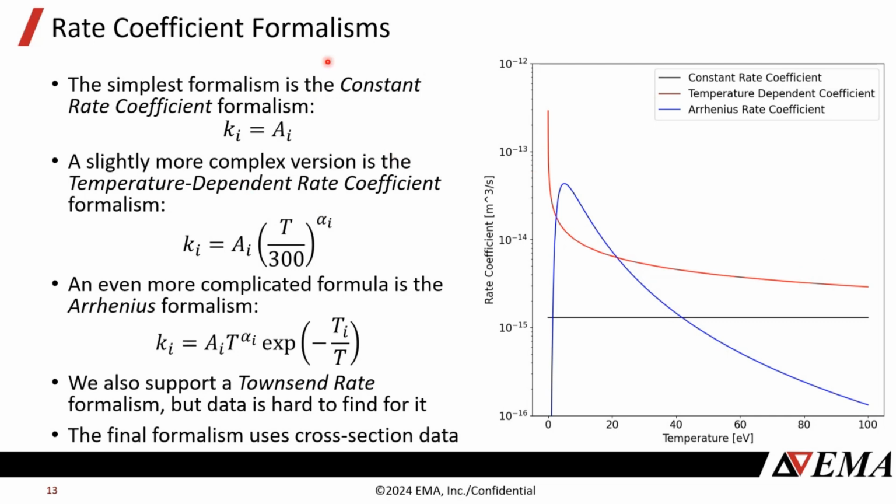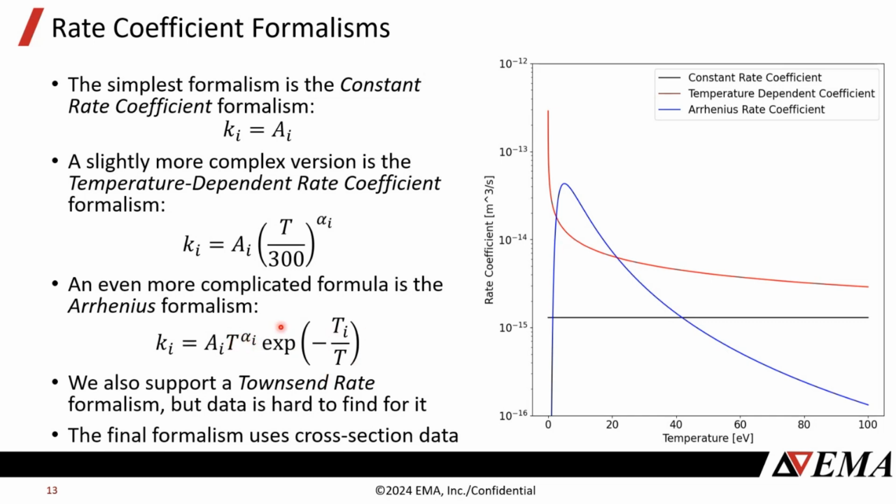And these two formalisms, the constant rate coefficient and the temperature-dependent rate coefficient, are commonly used for reactions that only involve ions and neutrals. And then a more complicated formula that's a bit more general is the Arrhenius formalism, which uses the Arrhenius equation shown here, where we still have A sub i, and then we also have the temperature in units of Kelvin raised to some power.